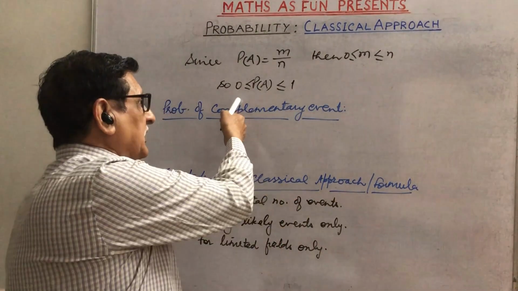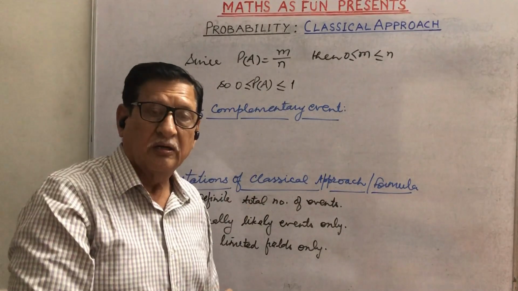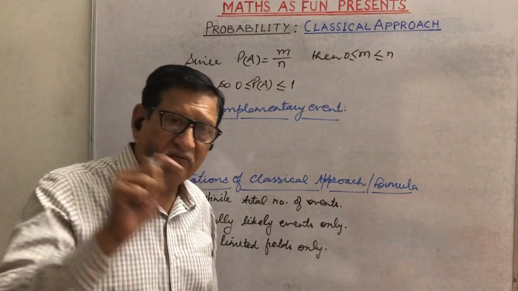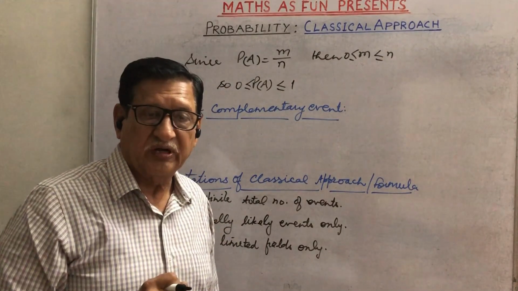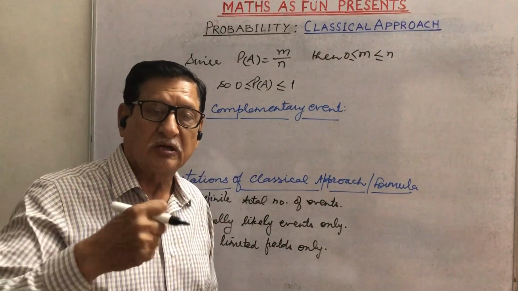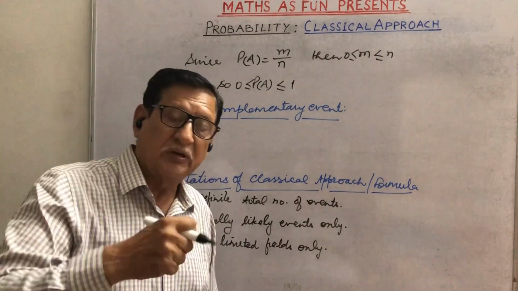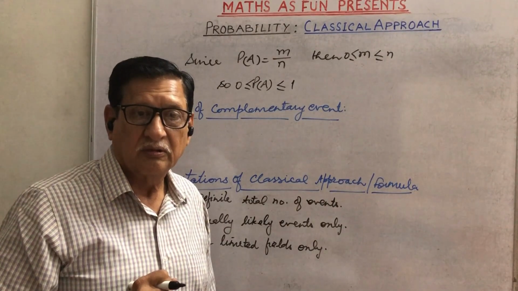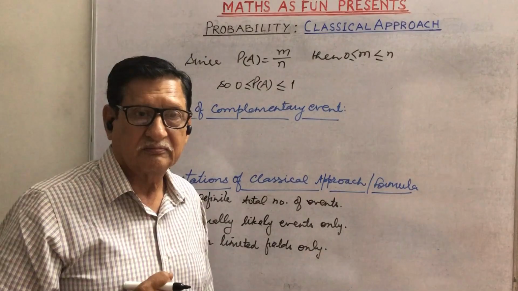It means the probability of A will be from 0 to 1. And we have also learnt in the previous video that the probability of any event is 0 if it is an impossible event, and probability is 1 if it is a certain event or a sure event.